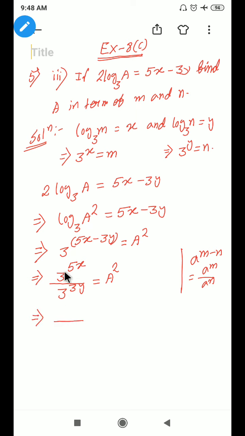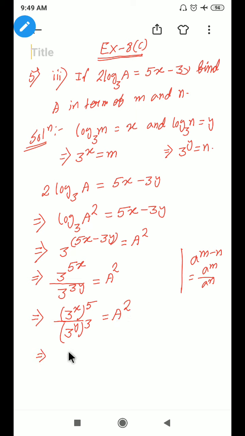Now you can write 3 to the power 5x as 3 to the power x whole to the power 5, and 3 to the power 3y as 3 to the power y whole to the power 3, is equal to a square.